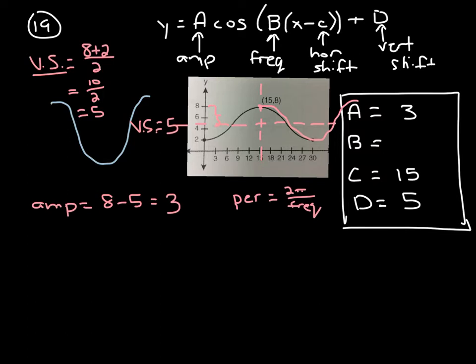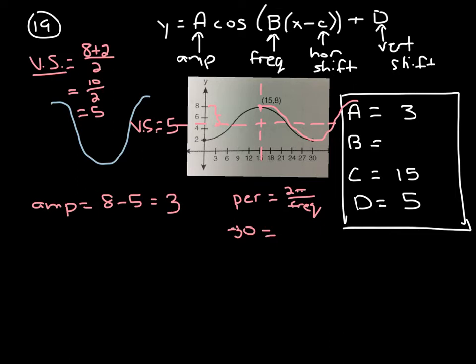Now, you could start it here and figure out where we would be for it to come all the way back up. Or if you think about it, isn't this really one complete cosine curve? It's basically the second half of a cosine curve and the first half of a cosine curve. So the horizontal length of one complete cycle here is 30 units. So the period is 30. Okay, the period is the horizontal length of one complete cycle.